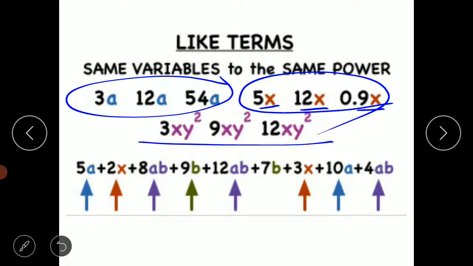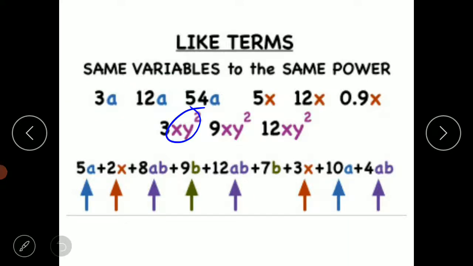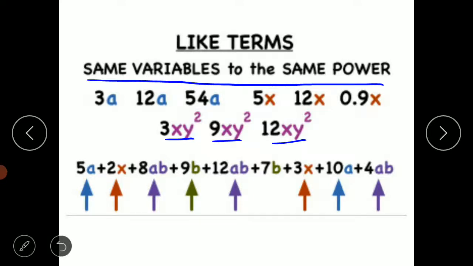Then see the next, the term name is xy square. What is the term name? Xy square term, because the variables are the same. That's what I'm showing here: the same variables to the same power.